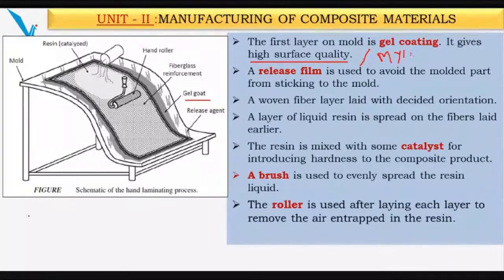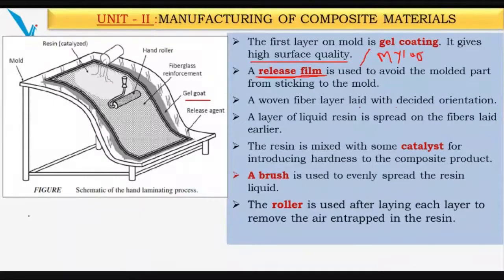This is a Mylar film of 0.75 mm, which is laid on the mold, or we can use the gel coating. Then a releasing agent, mostly wax, is used, because once you allow it to cure, the sheet should not stick to the mold. For easy removal, the releasing film is provided there.